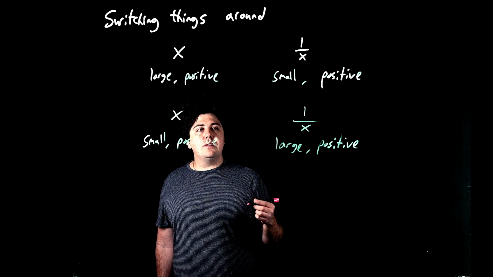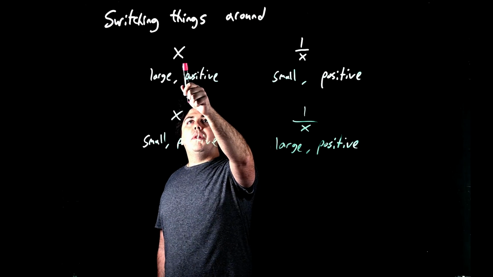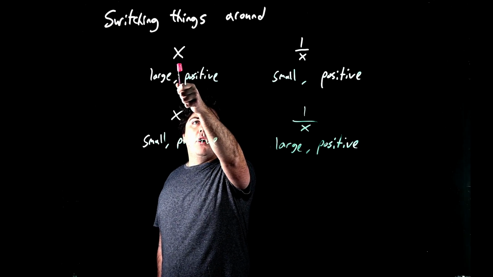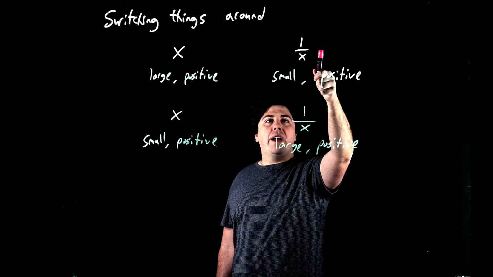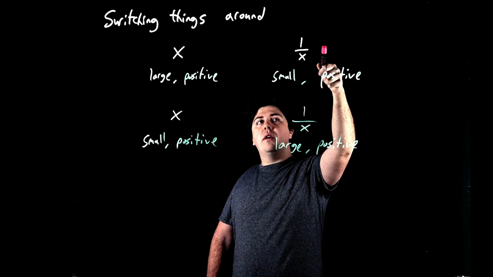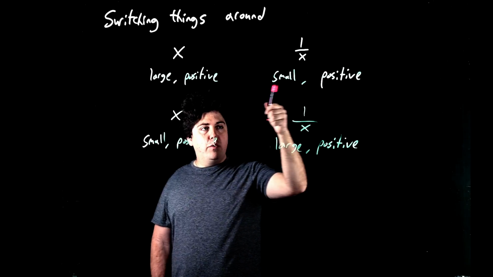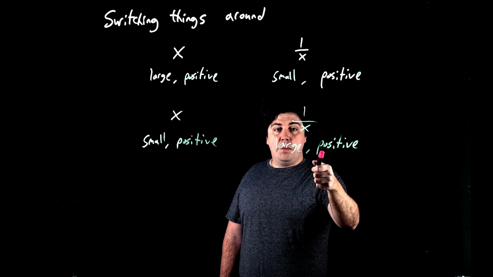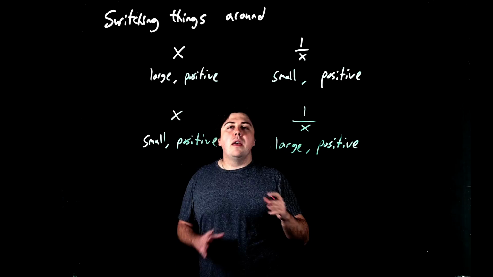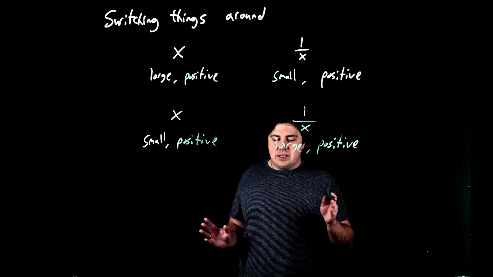So what this means is we can basically replace x as it becomes large and positive with 1 over x as it becomes small and positive. And similarly, as x is small and positive, we can replace it with 1 over x as x becomes large and stays positive. So that's a big mouthful. What does that all mean?